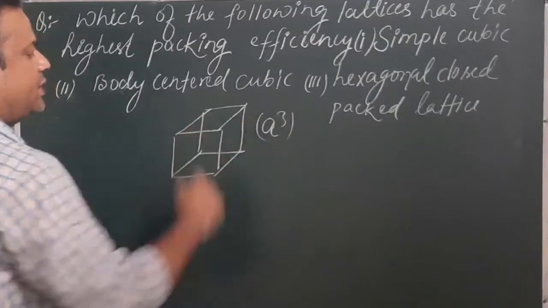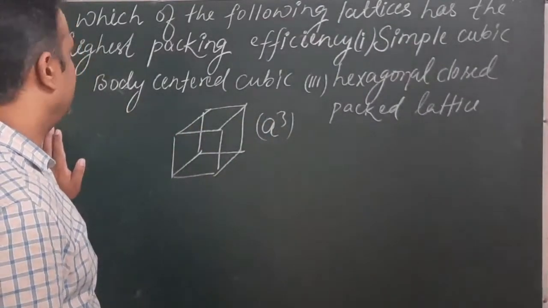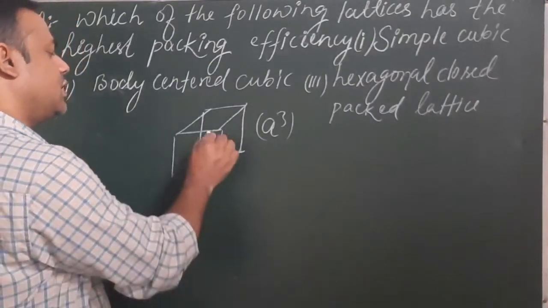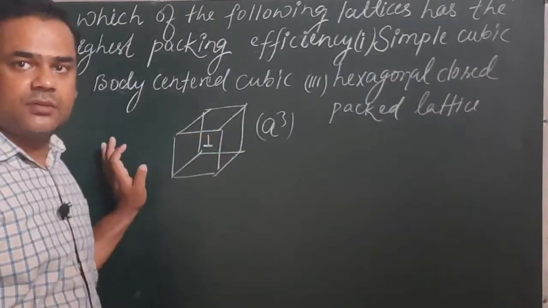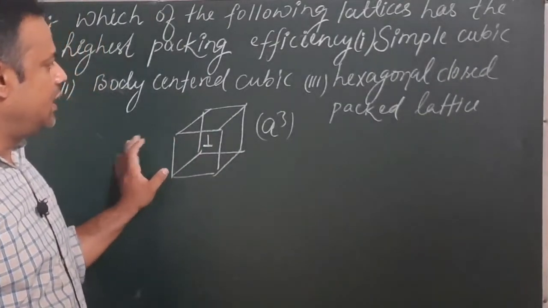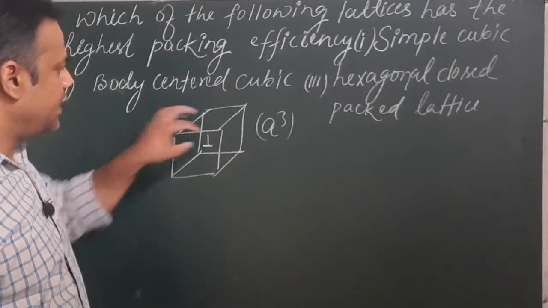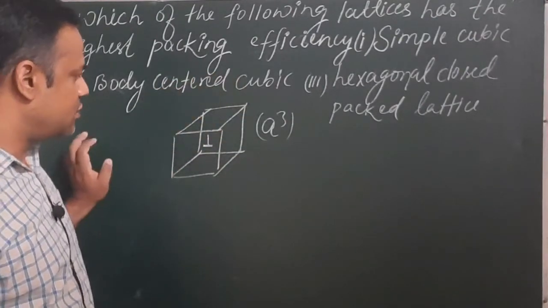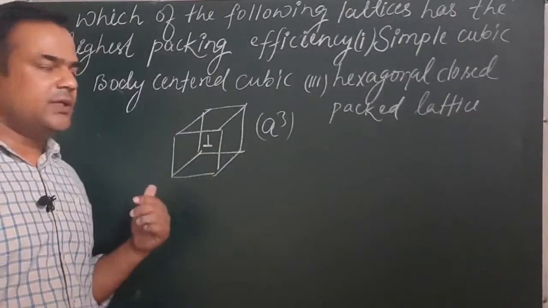Suppose a cube is its volume. If we take SCC, simple cubic unit cell, in that case the total number of constituent particles in this unit cell will be 1, because in case of SCC only the corners are occupied by constituent particles. So the total number of constituent particles per unit cell will be 1 in case of SCC.